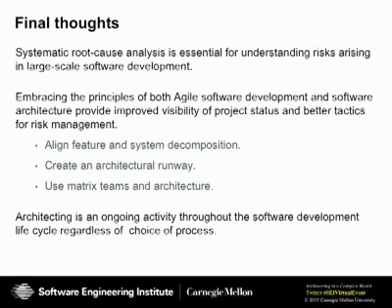This is actually easier done than it's typically assumed, and understanding the risks and putting them on this page goes a long way. Agile software development does incorporate some of these with the retrospectives. However, sometimes what happens in the retrospectives is because they're team focused, they might not necessarily propagate to the systematic issues in large-scale software development.